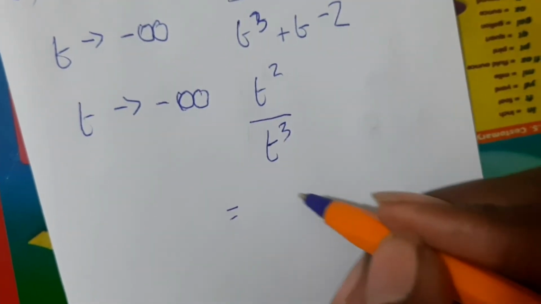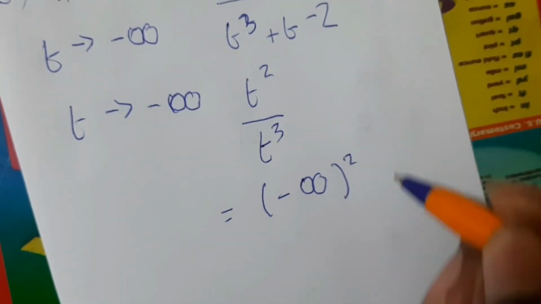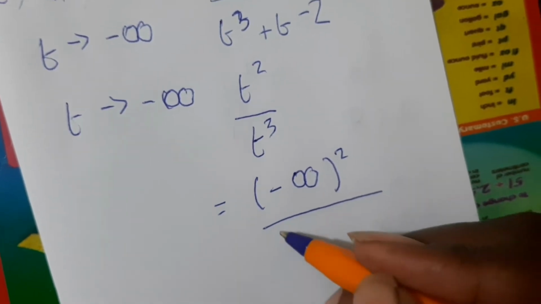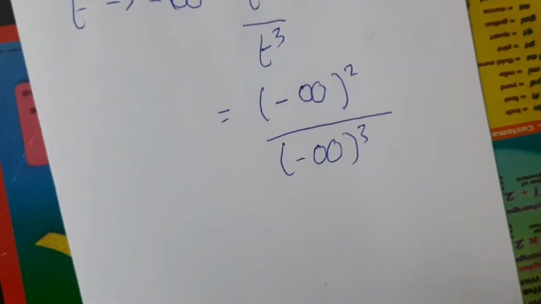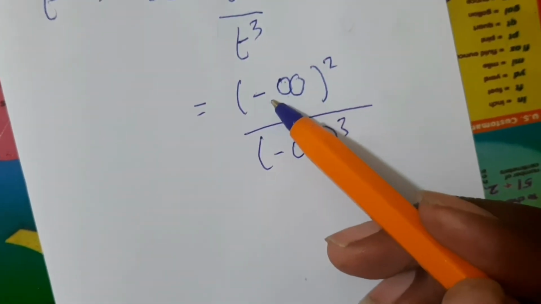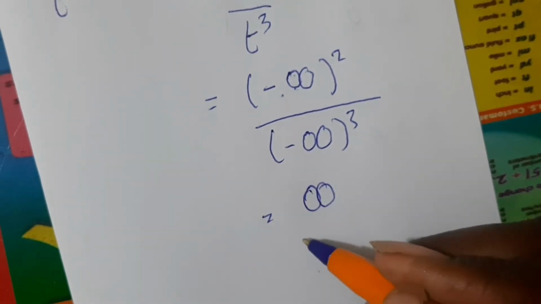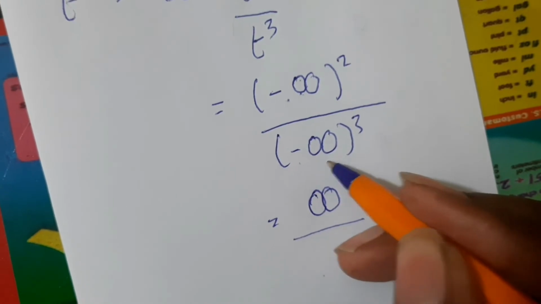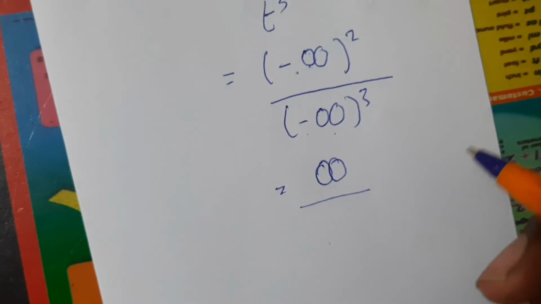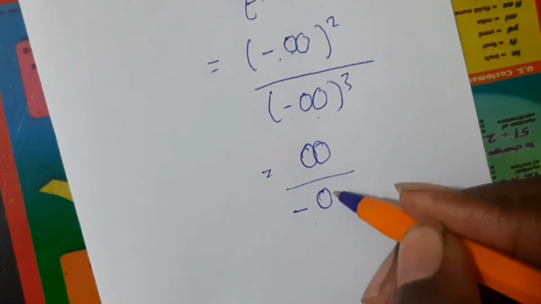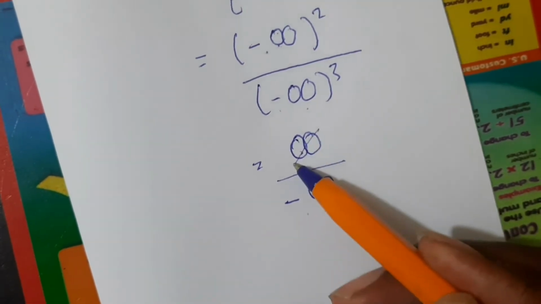If we replace the t's with negative infinity, negative infinity squared is going to be a positive value, so positive infinity over negative infinity cubed. Any negative number which is cubed, multiplied by itself 3 times, is going to be a negative value. So here, these will cancel each other out.